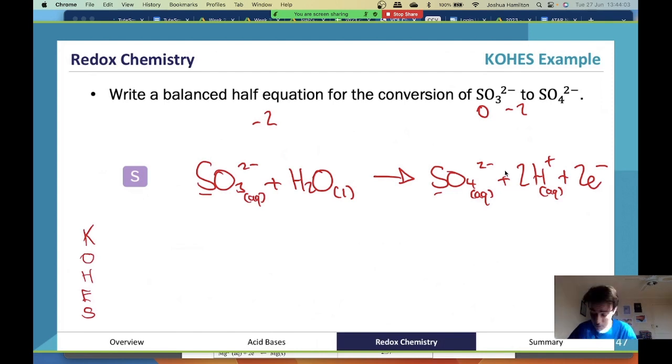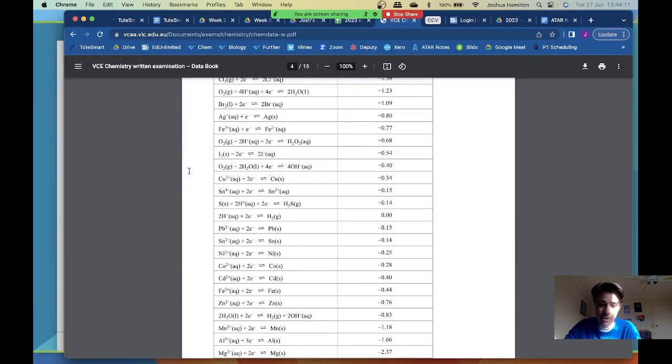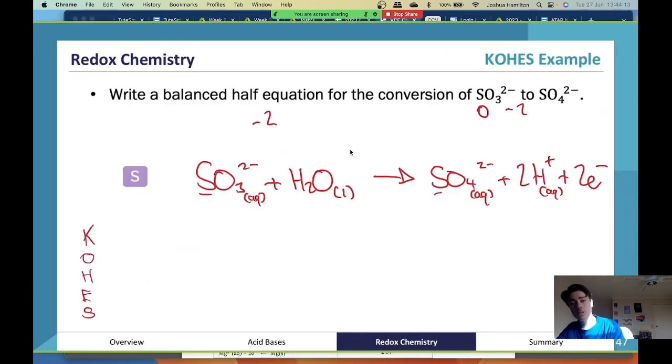So we have just been through the Coase method, and we have just produced a half equation for this example. The other really cool tip here to check that this is right is, I've got -2 and -2, therefore this is going to be -6, and it equals -2.